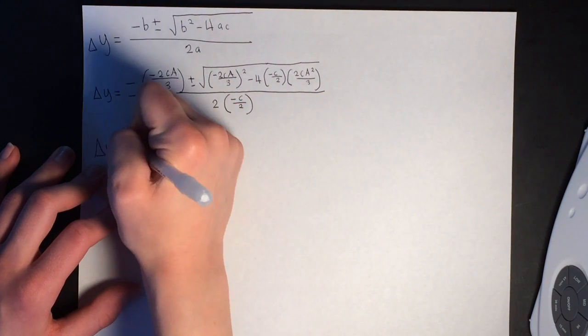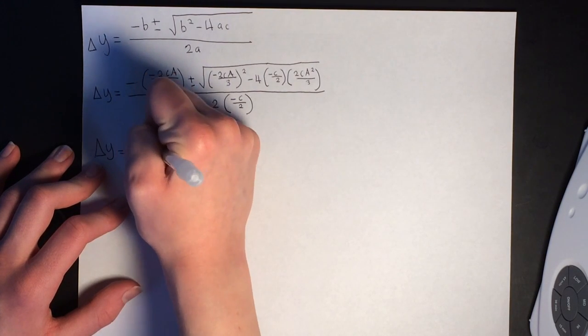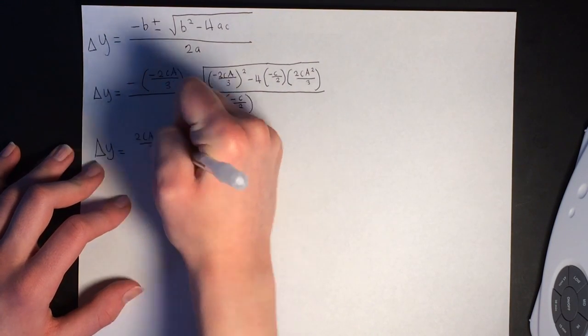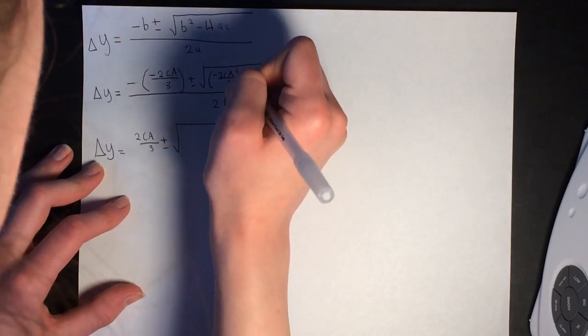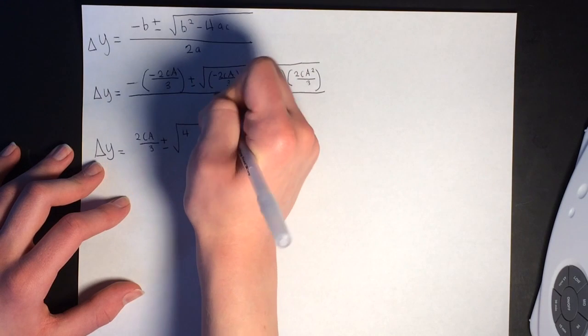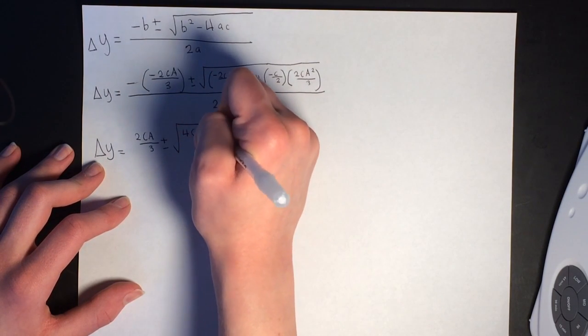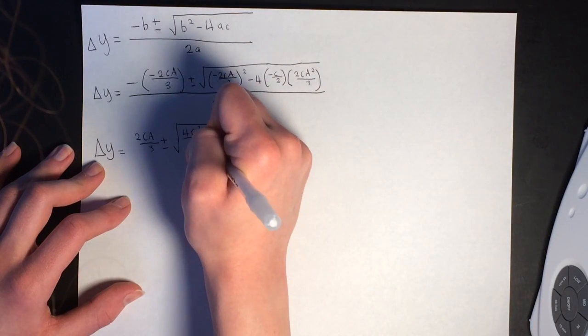Here the double negative becomes a positive. If we distribute the squared here, negative 2 squared is 4, c squared is c squared, a squared is a squared, and 3 squared is 9.